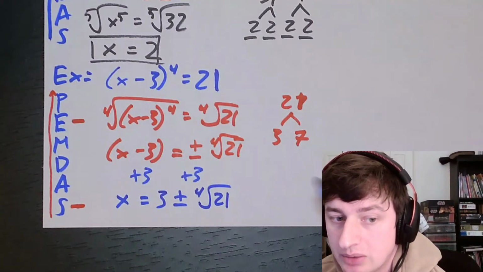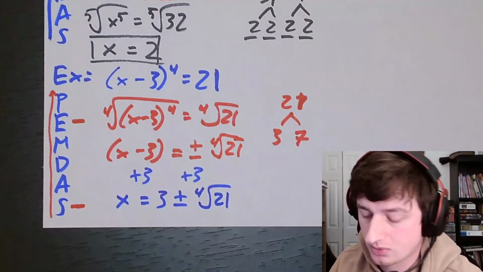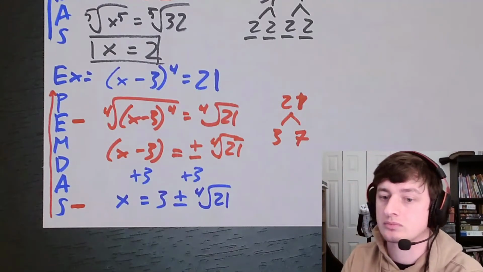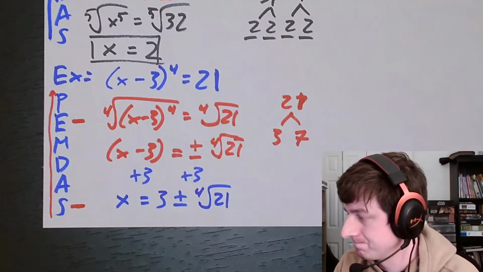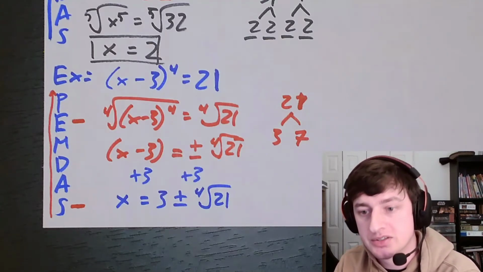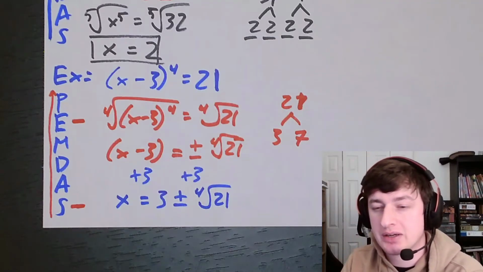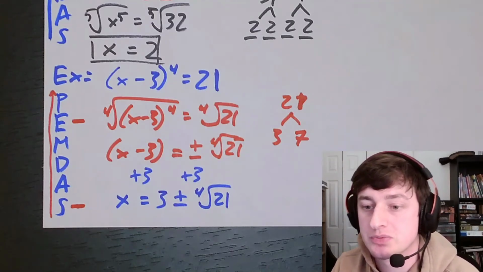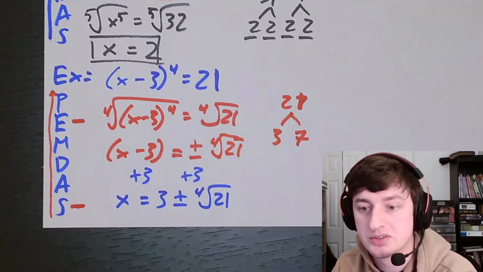Now, on a test or a quiz, I will be content with this as the final answer. But you can put it into a calculator. Okay? I don't like decimal answers because they're not the most accurate thing. But if we want to find the value, which is going to be more important when we're doing exponential functions and thinking about real world problems with money and stuff.